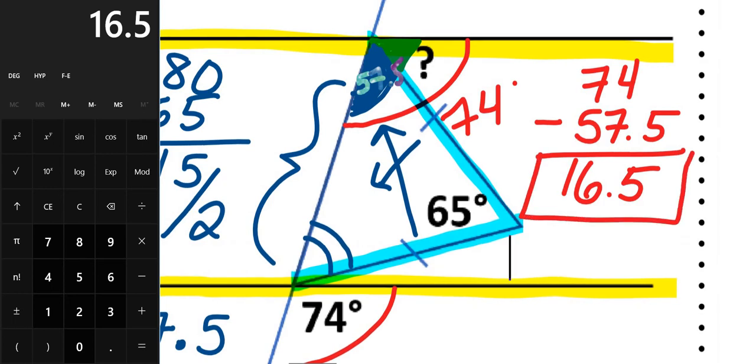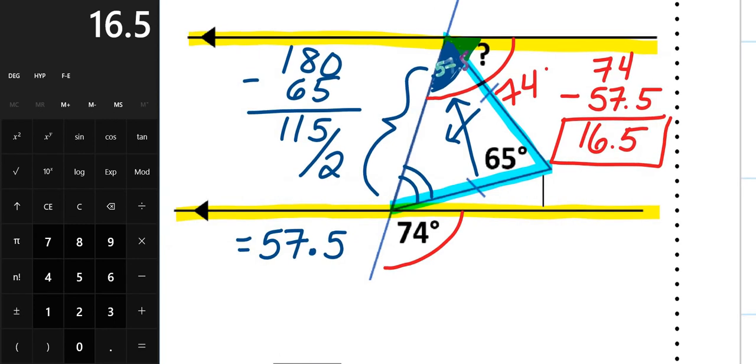So a couple of things you had to notice here. We had corresponding angles of the 74, those red angles, but the angle at the top, the 74, was actually split. And it wasn't bisected. It was not split evenly. So I had to figure out what this blue angle was, which was the 57.5.